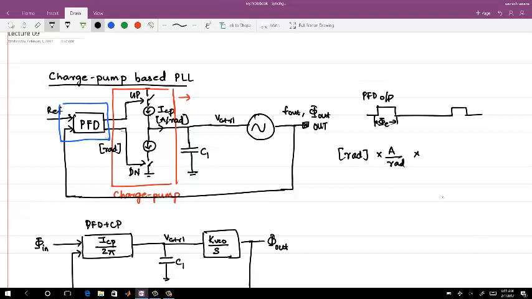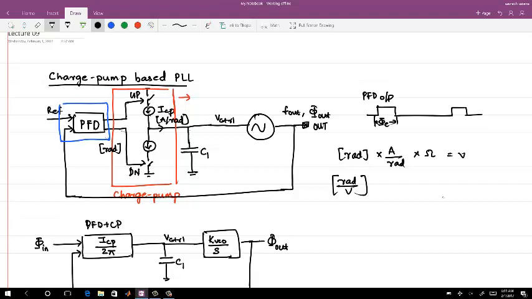If you treat it as an ohm, or a reactive impedance, that is another way. So this is equivalent to I into R, which is volt, right? KVCO is radian per volt. This is the KVCO unit, right? So the final output is still radian. So you got that thing.